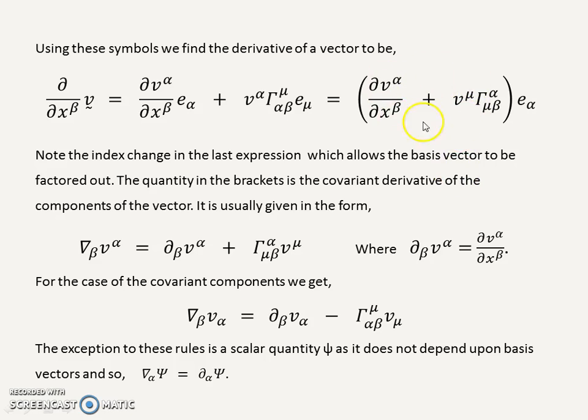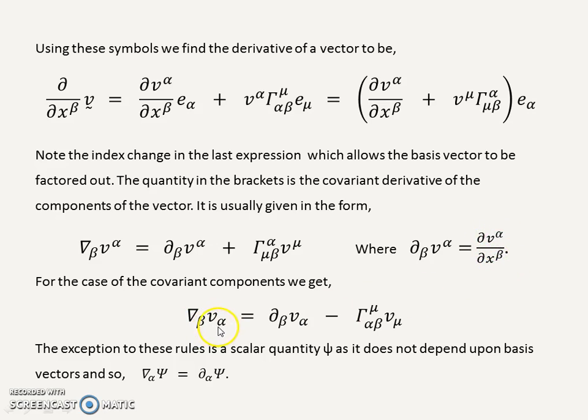And this bit in the brackets here, the covariant derivative of the components of the vector, is generally expressed in this form down here. Again, this notation here is just a shorter version of saying the partial derivative of V alpha with respect to x beta.